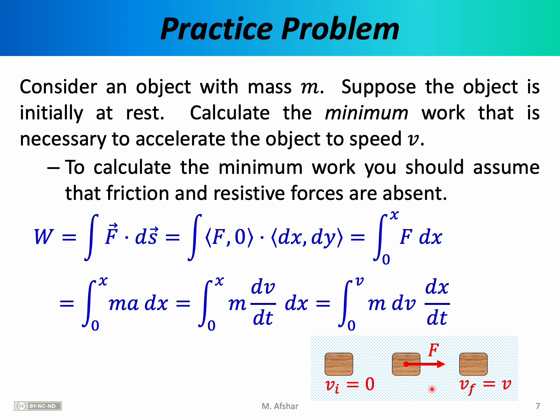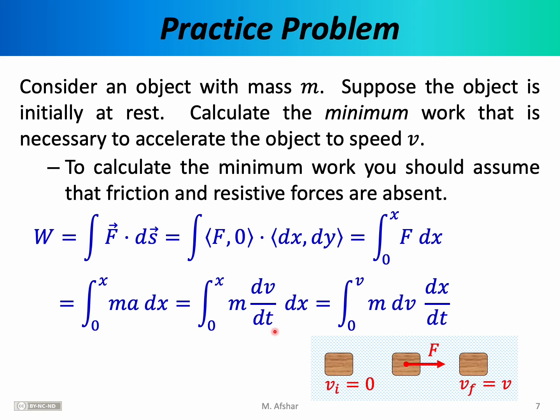So nothing is impeding the motion of this box. The only force is this applied force. So this force here is the net force, and the net force must equal mass times acceleration. We still don't know what the acceleration of this box is, but we do know that acceleration is the derivative of v with respect to t. So here we're using the definition of acceleration.